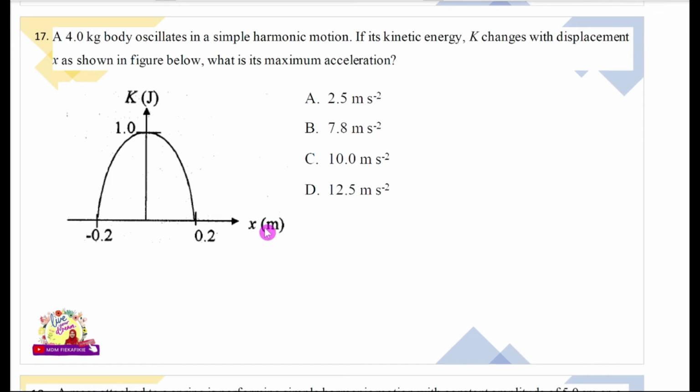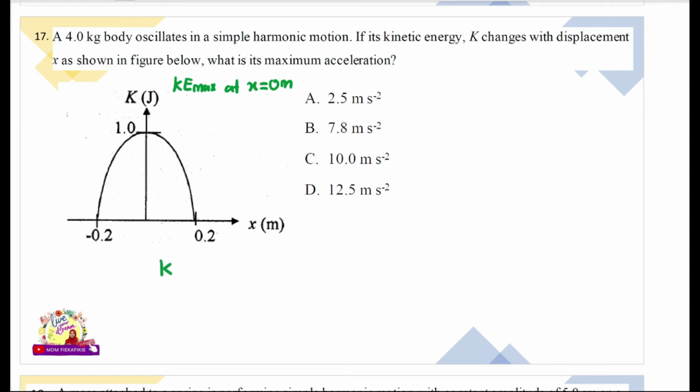Always remember that the kinetic energy would be maximum at x equal to 0 meter. Kinetic energy will be maximum when x is equal to 0 meter.